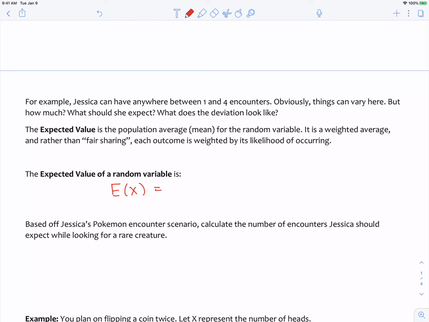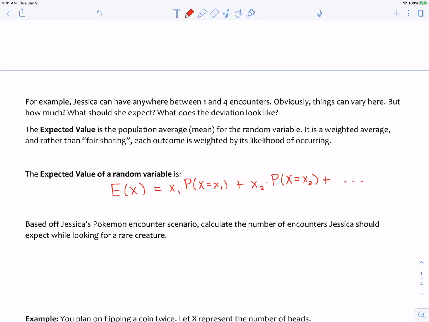And that is going to be equal to the sum of each of the data values times its probability of occurring. So one way you can think of it is we could take each individual one and we're going to multiply that by the probability of it, plus the next data value times the probability that it's going to occur, plus and so on.